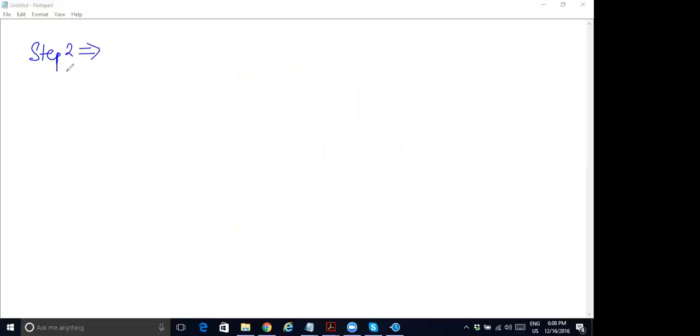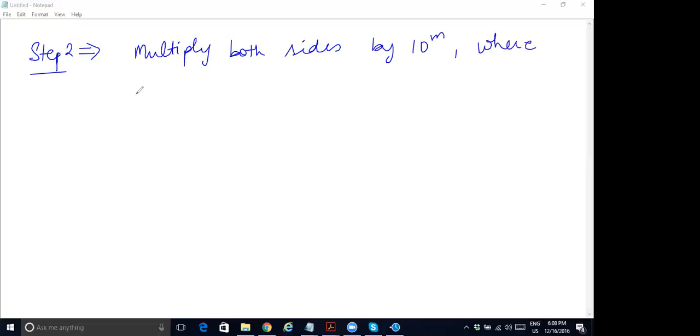Now step 2 is multiply both sides by 10 to the m, where m is equal to the number of digits under the bar.